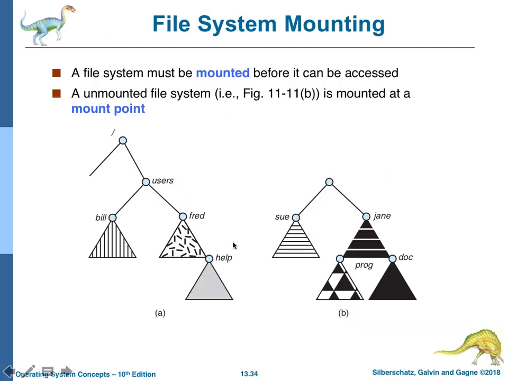We also have mounting file systems. For example, in Windows systems, this mounting is done automatically, and whenever you plug in a USB, that USB is actually mounted over your file system at some particular location.